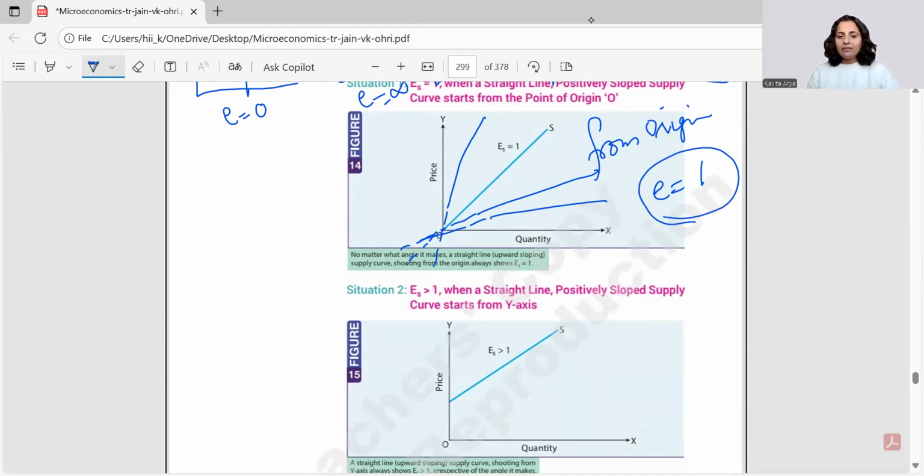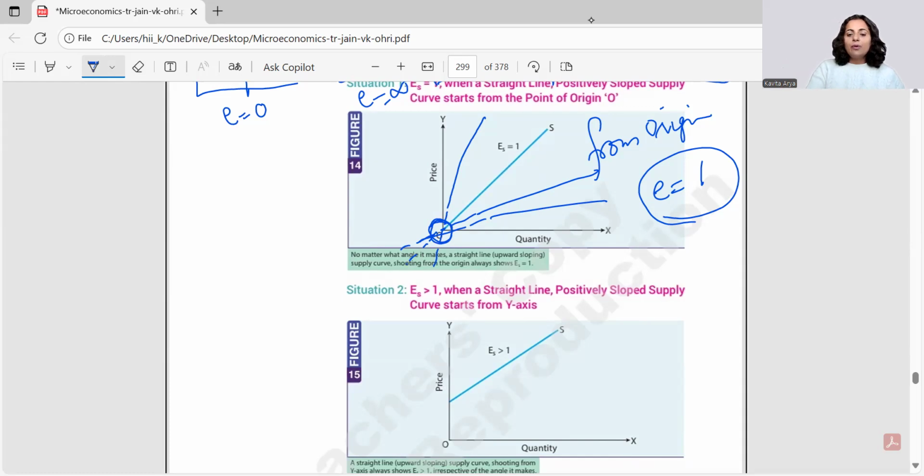It's just a trap given that the supply curve moves from the origin at an angle of 75 degrees, 40 degrees, 45 degrees, 80 degrees, 70 degrees. So the point is, whenever it is given that it is passing from the origin, the only interpretation you must have is elasticity is equal to 1.